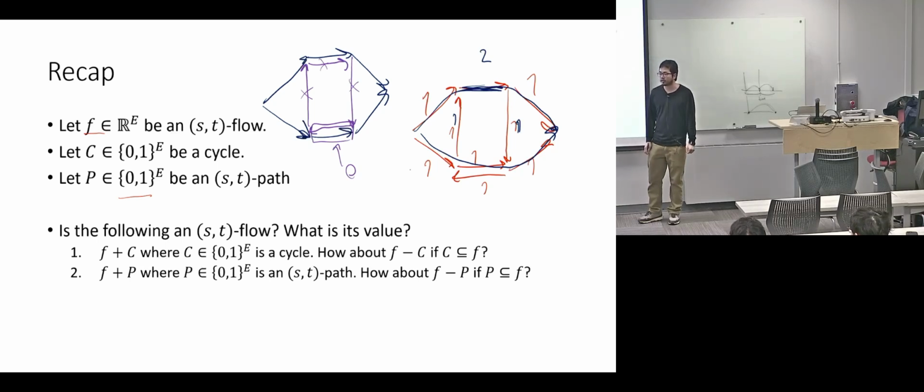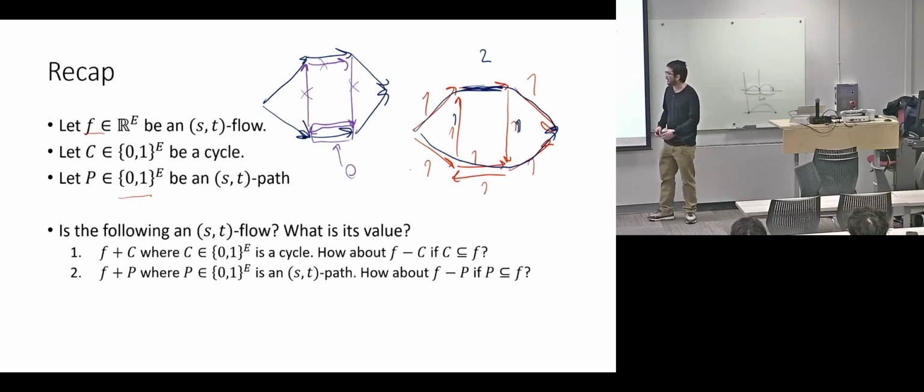Every possible path from S to T has to take at least one edge from P. And so if every path has to go through an edge in P and you take P out, then you can't get from S to T.